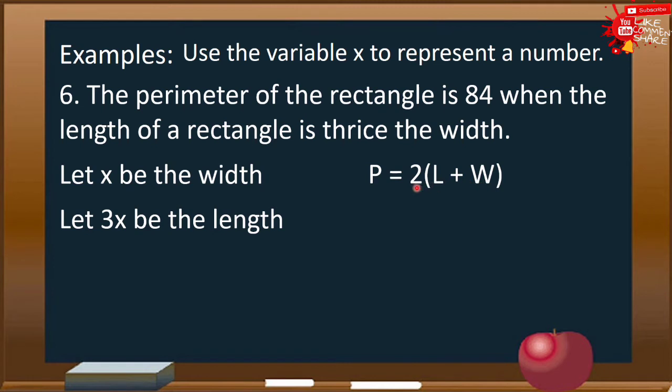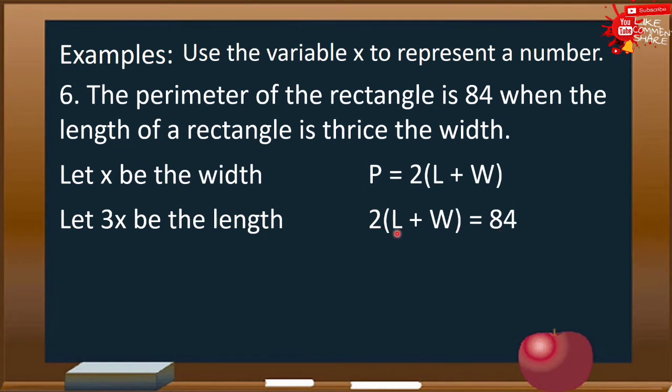That's why we have here 2 times the quantity of L plus W. And it says in our verbal sentence that 2 times the quantity of L plus W is equal to 84. Since the perimeter is equal to 84, and the formula for the perimeter is 2 times the quantity of L plus W, so it is equal to 84.